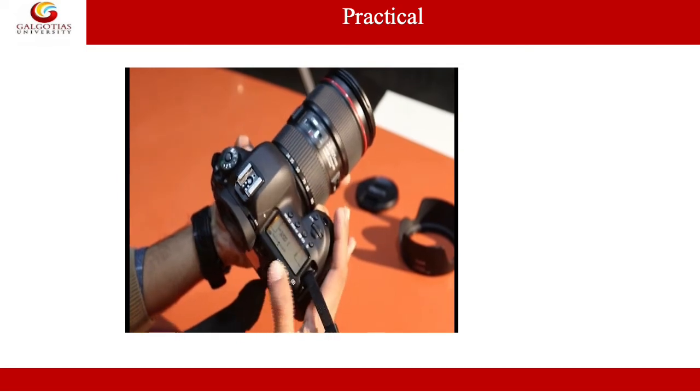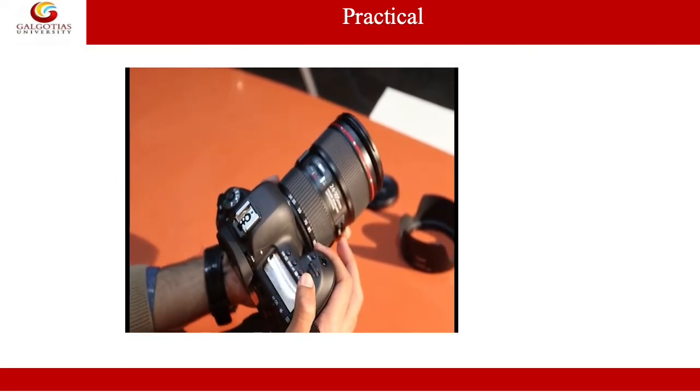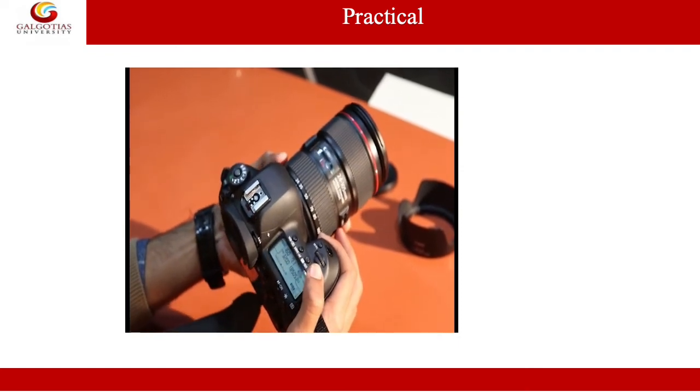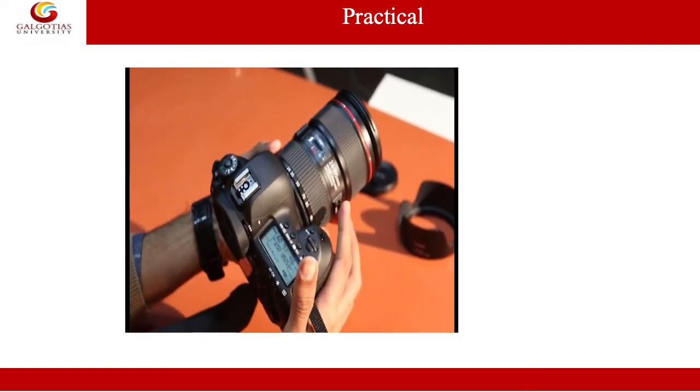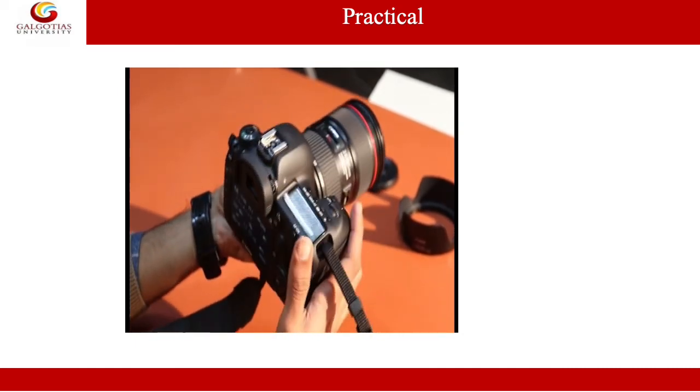We have previously discussed that ISO increases the light artificially. So if you increase the ISO too much, it will result in grain in your photograph. It will result in lower quality of photograph.